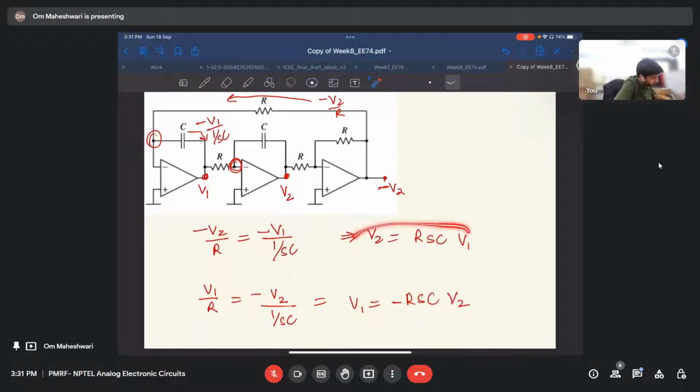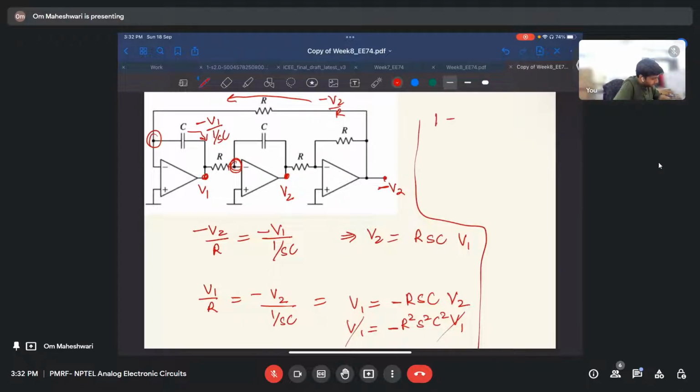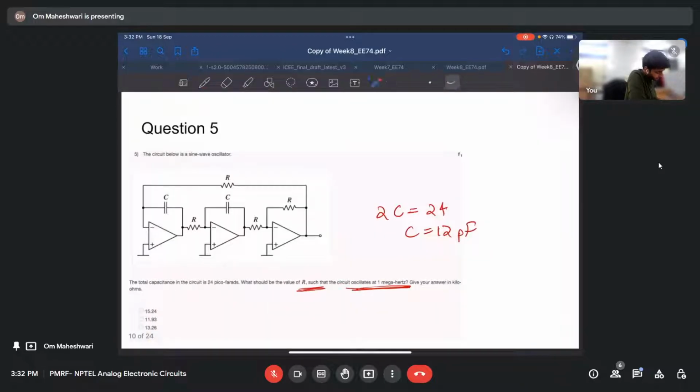I'll put this value of V2 in this, so I get V1 equals minus R square S square C square V1. V1 and V1 cancel, so 1 equals minus R square S square C square. So 1 plus S square C square R square equals 0. What we have to find here is R, given the oscillating frequency is 1 megahertz.